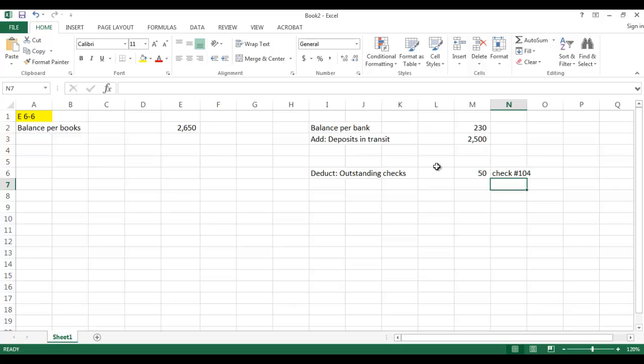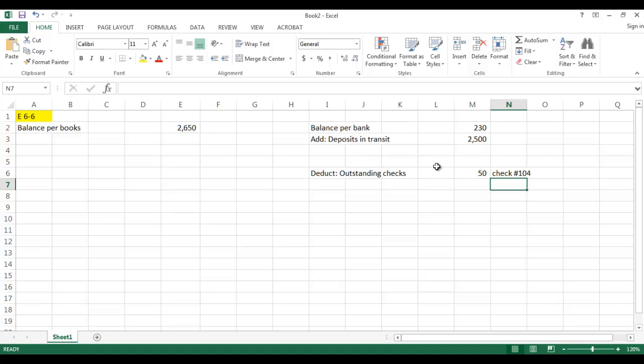We're also told that the NSF check and the electronic funds transfer noted on the bank statement involve transactions with our customers. So the bank, in the other column on the bank statement, noted an NSF check of $100 and an EFT deposit of $150. Now, those are items that the bank obviously has accounted for already, hence why they're on our statement, but we would not have accounted for those yet.